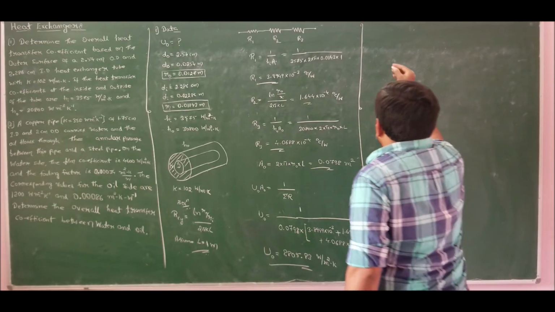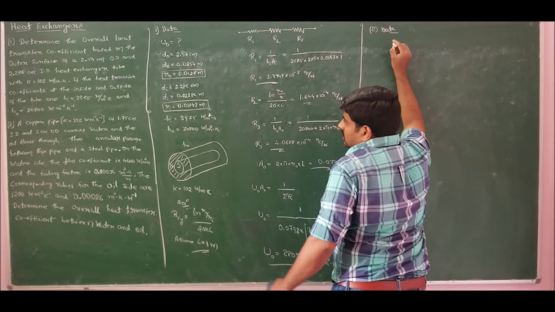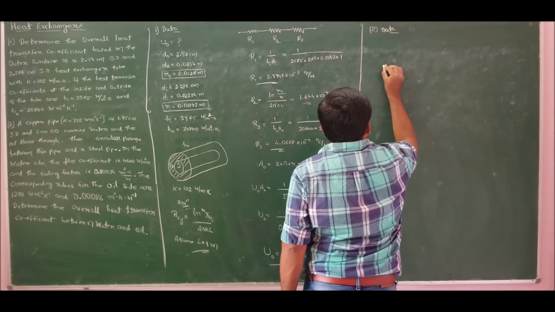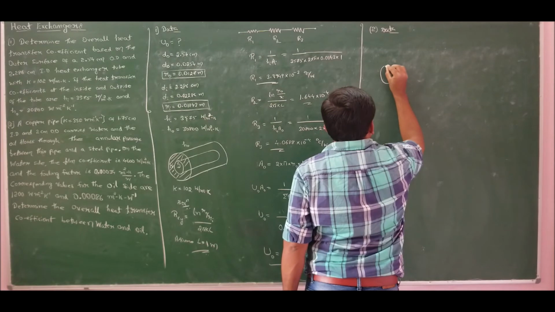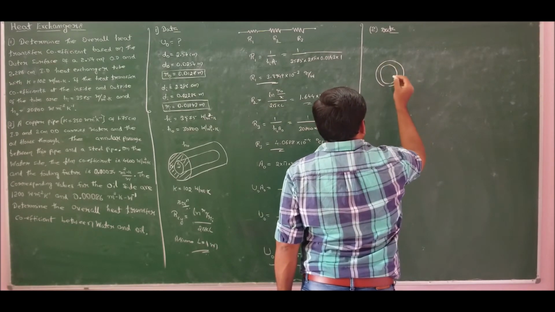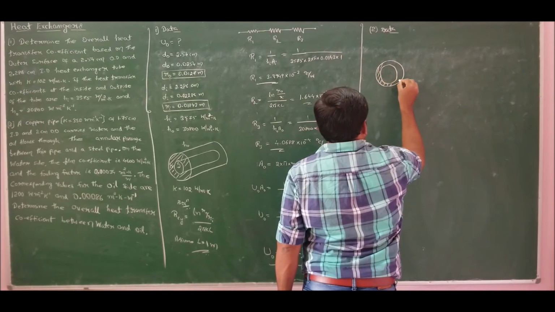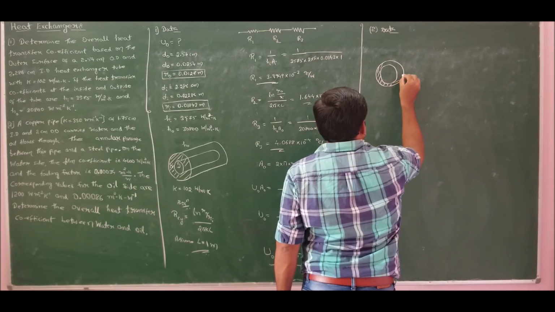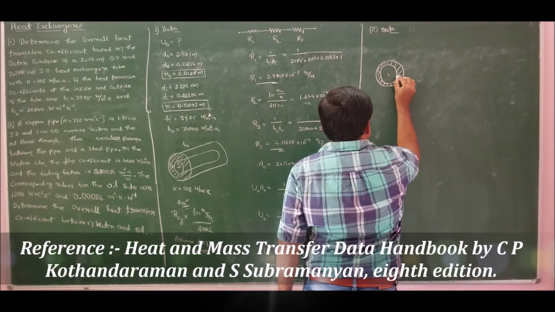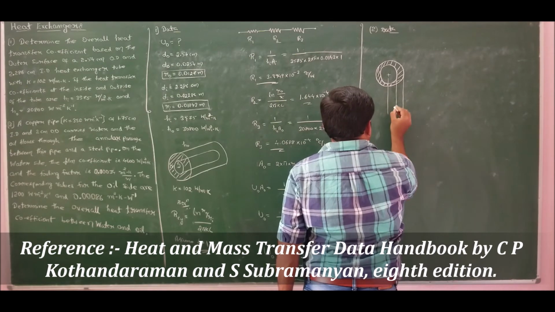If I list out the data given for problem number 2, we have a copper pipe. Let me consider a copper pipe like this. And he has given the radius of this copper pipe also.